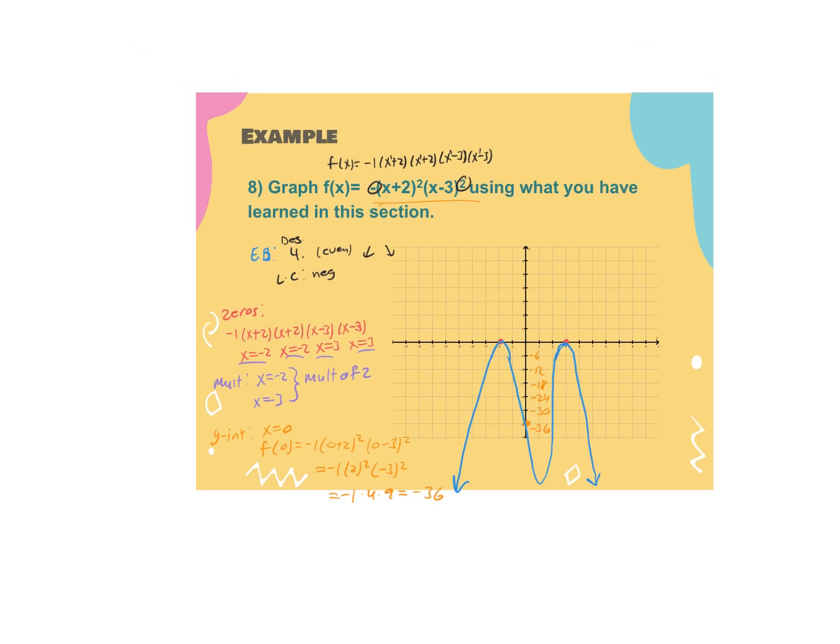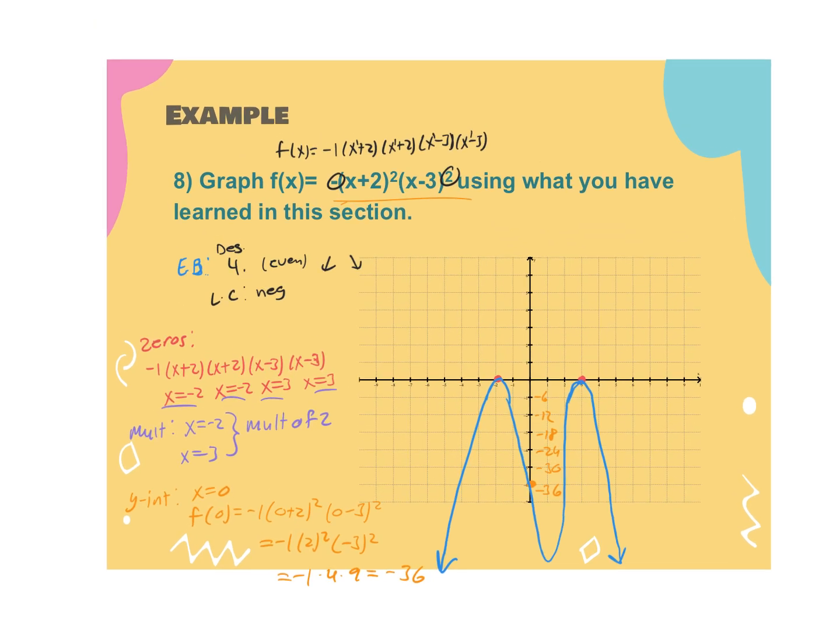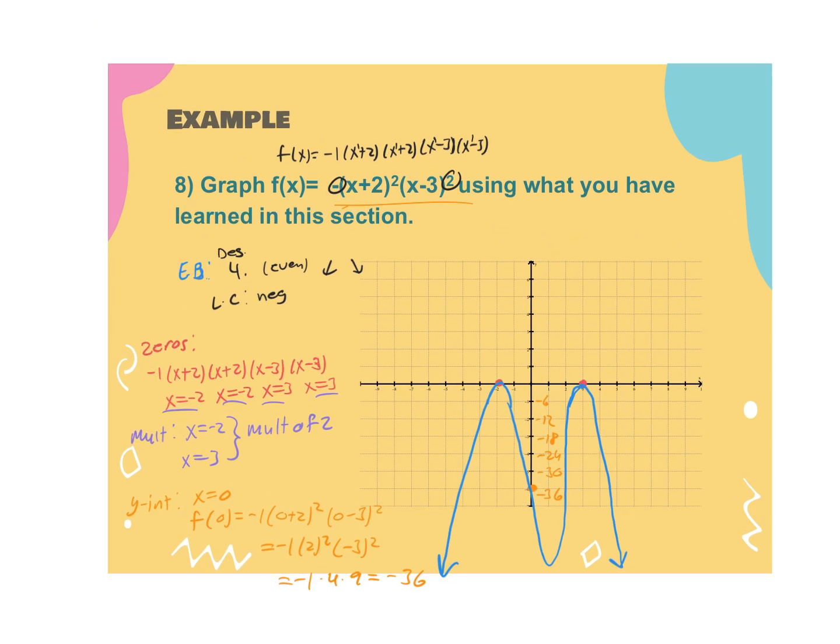All right, so in sum, we learned some more information about polynomials, and behavior, zeros, multiplicity, and that's all to help us graph. Now we can pick some additional points if we need, but really we just need to know what the overall shape of it looks like, and as long as you can graph them to some accuracy, then you'll be fine.